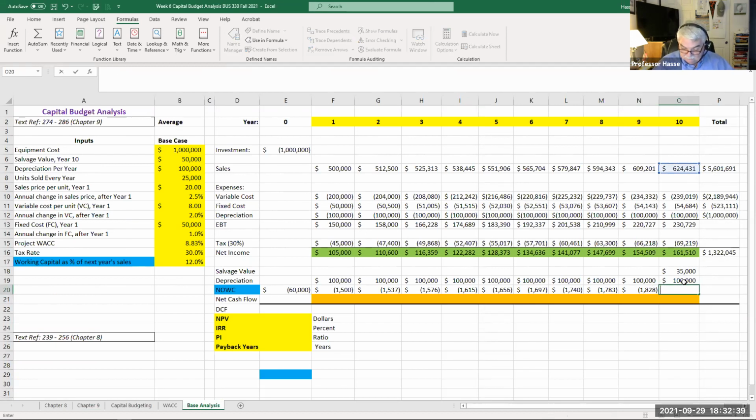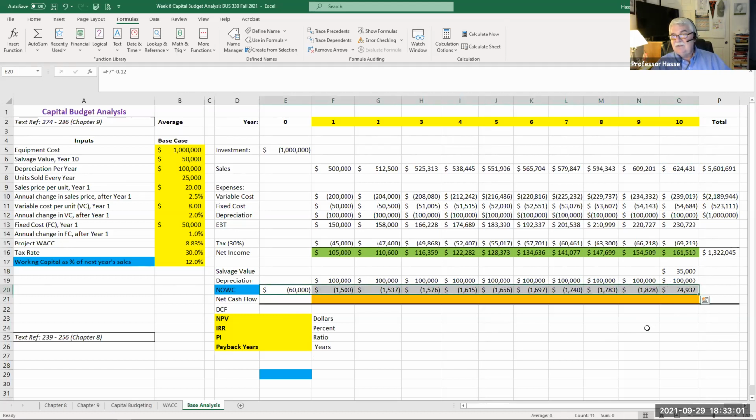Equals year 10 sales times 12%. And we get $74,932 of positive cash flow. And watch how this works out. If we take year 0 to year 10, what's that equal? 0.